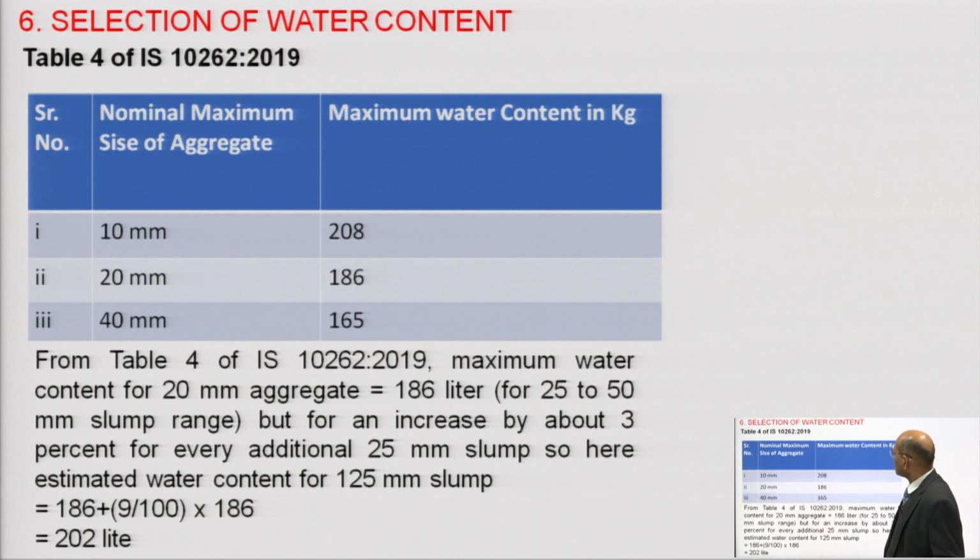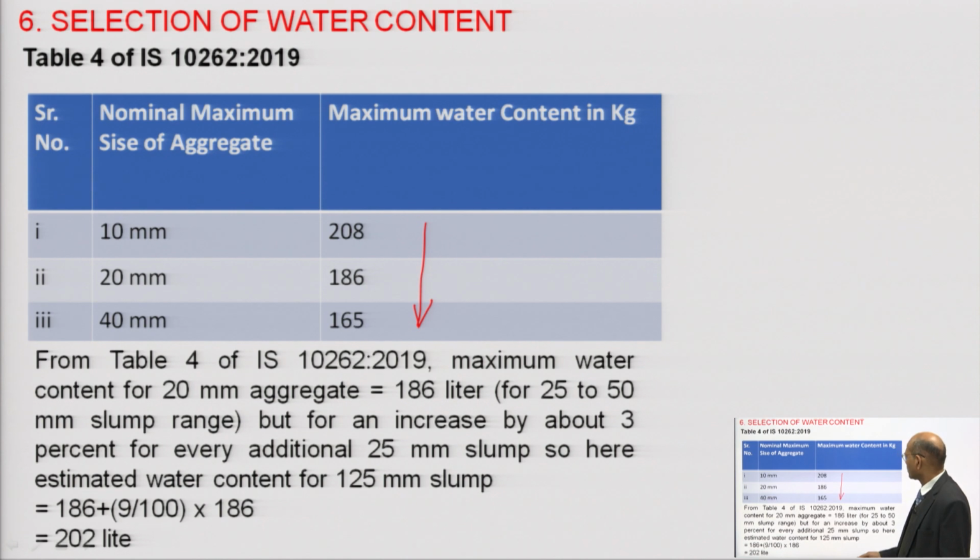Now, selection of water content. If you see Table 4 of IS 10262:2019, for different sizes of aggregate, as the size of aggregate increases, 10 mm, 20 mm, 40 mm, the water requirement is reducing.